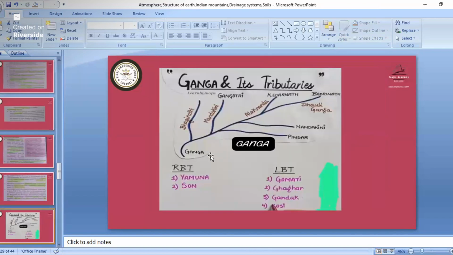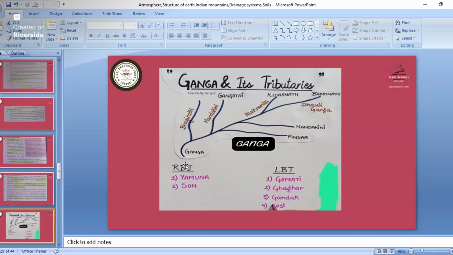Now we will come to the diagram. See here, the Ganga and its tributaries. You can see Bhagirathi, Mandakini. Alaknanda is the important river, and Alaknanda emerges near Kedarnath. So Badrinath, Dhauli Ganga, Mandakini, Pindar river.